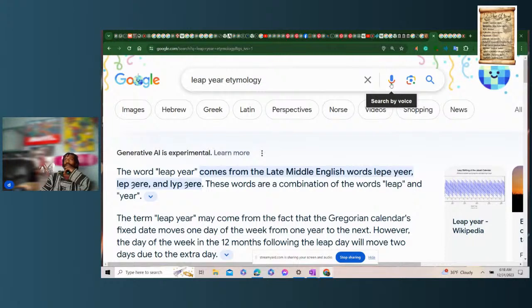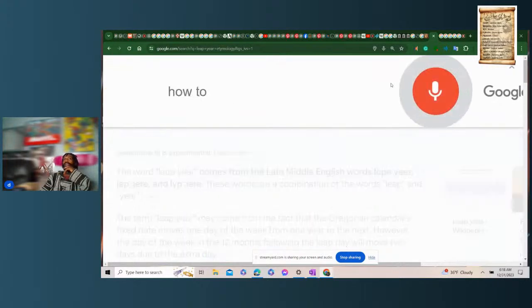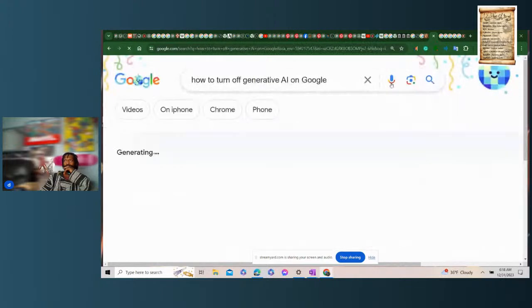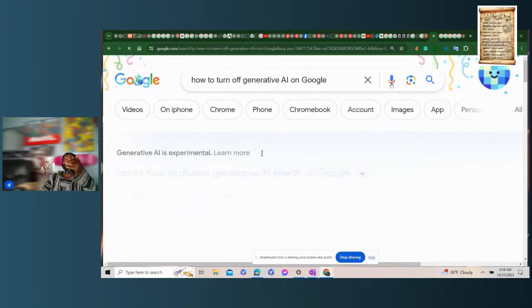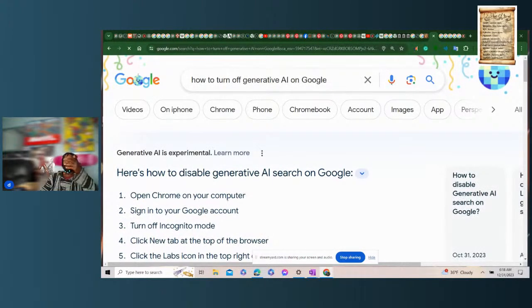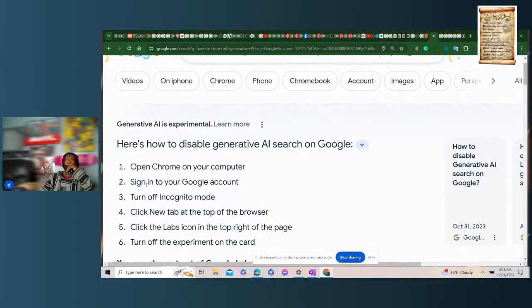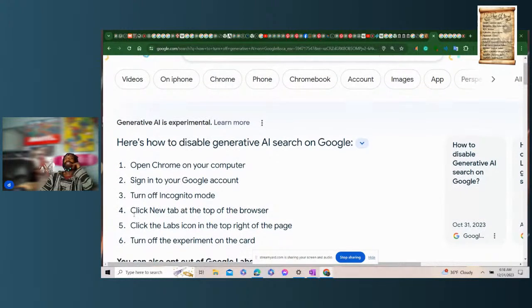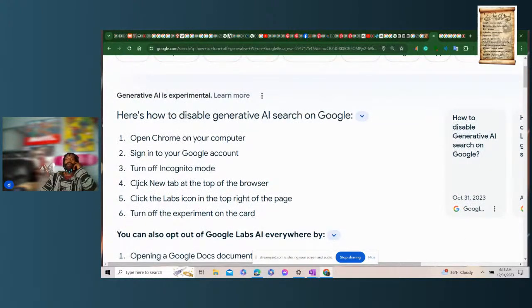But hold on. How to turn off generative AI on Google? I should just tell you to turn it off. Okay, open Google Chrome on your computer. Sign into your Google account. Turn off incognito mode. Yo, you hilarious. I ain't even on incognito mode. Click new tab on the top.